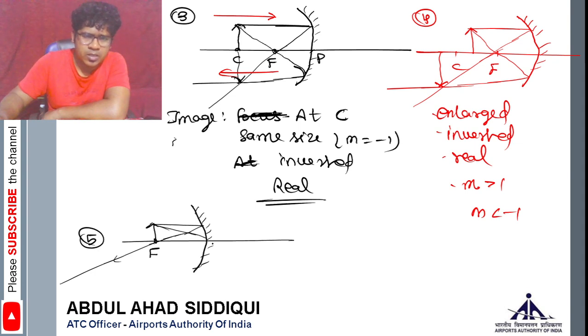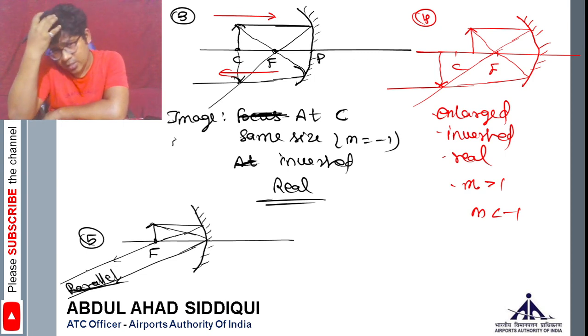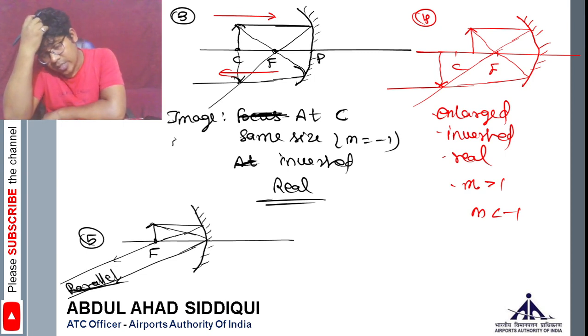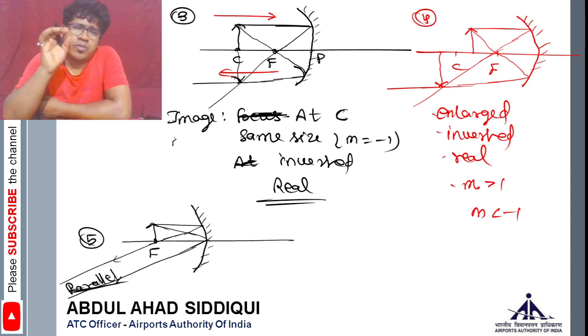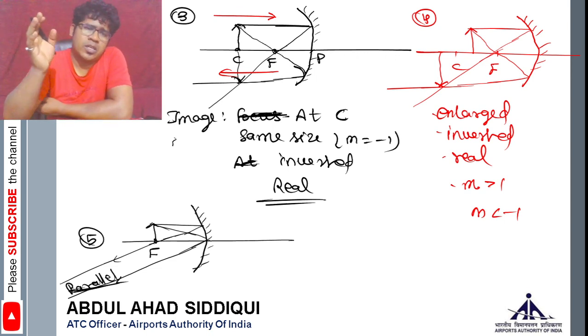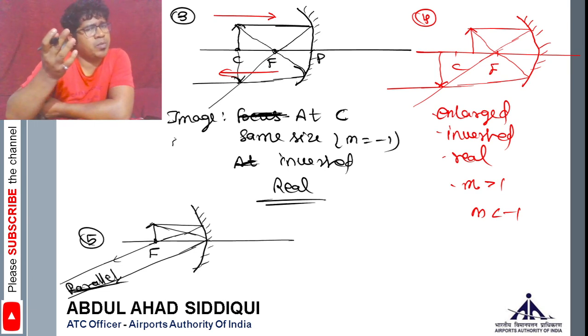Anything coming here, after reflection it will go this way. So this will become parallel. If I had the proper things to draw, I could prove it to you, but just try to understand that when the object is at focus, the reflected rays will become parallel.